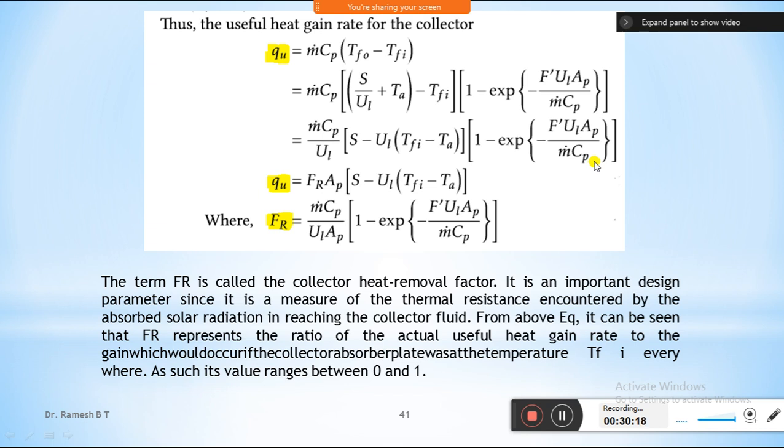So the useful heat gain rate is given by QU, which is equal to m dot Cp into (Tfo minus Tfi), outlet and inlet, and we can introduce the exponential term.